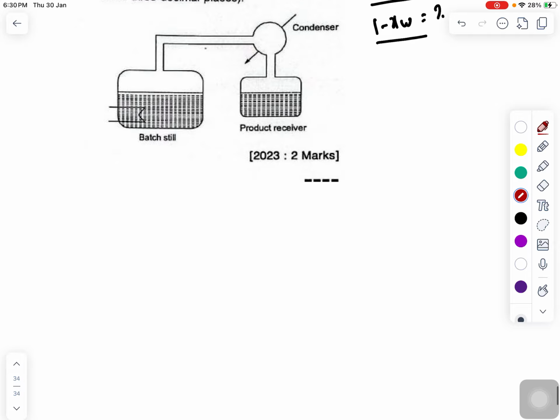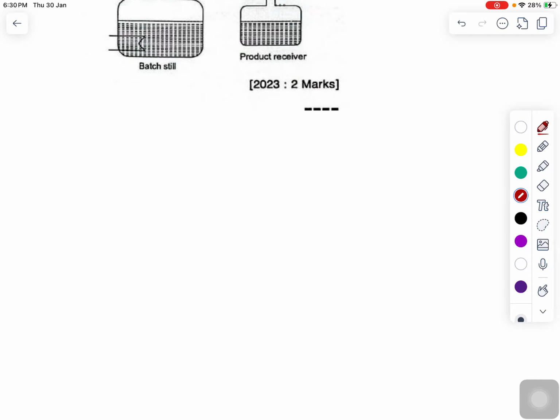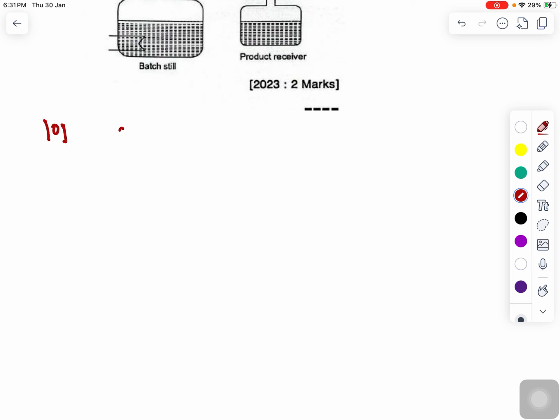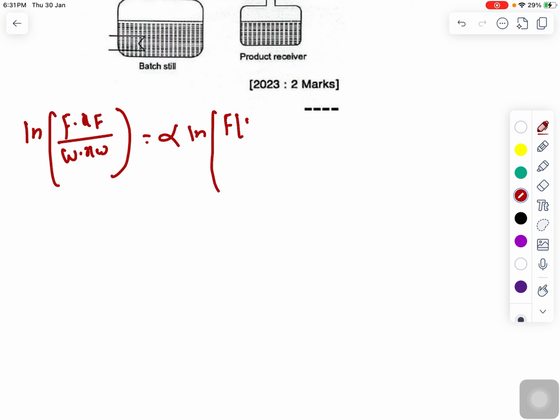I'm not going to derive this formula again for the batch distillation, since in the previous lecture I have already derived it. So ln F by W can be written, or directly you can say, this formula will look like this: ln of F into XF divided by W into XW is equal to alpha ln of F into 1 minus XF divided by W into 1 minus XW.